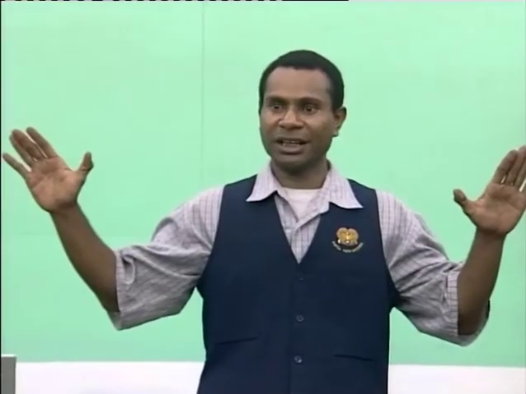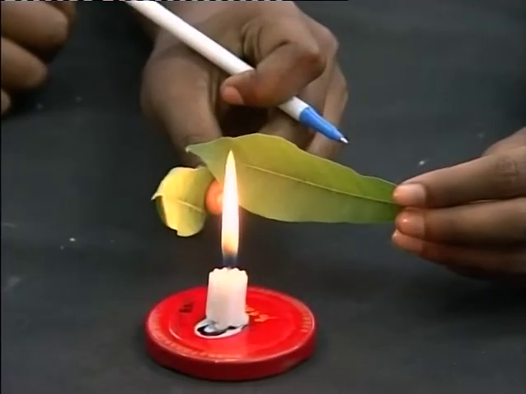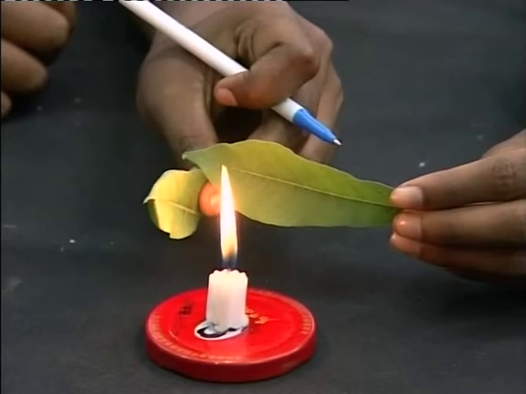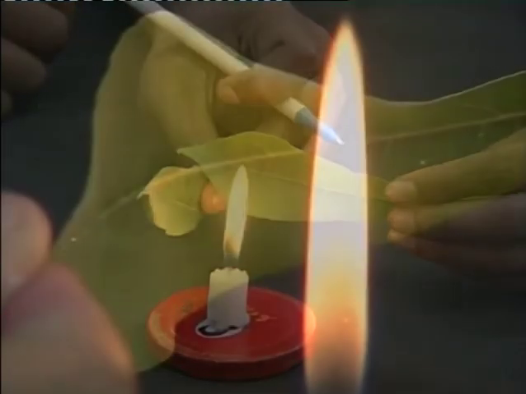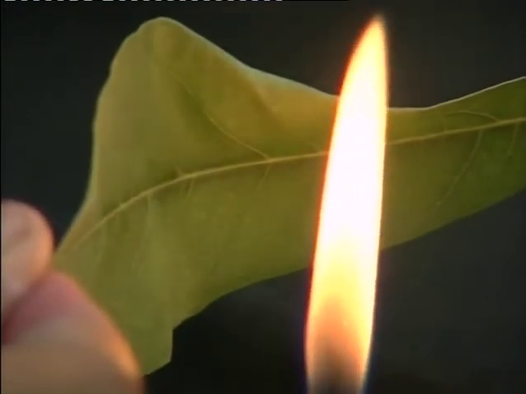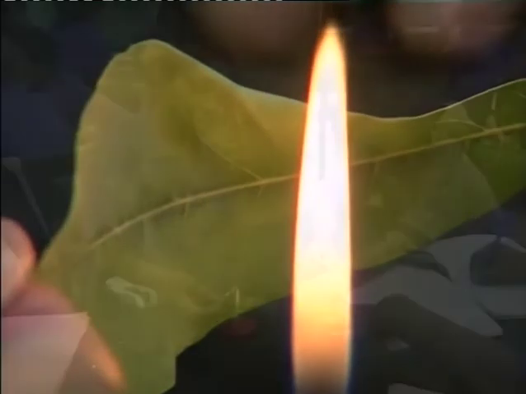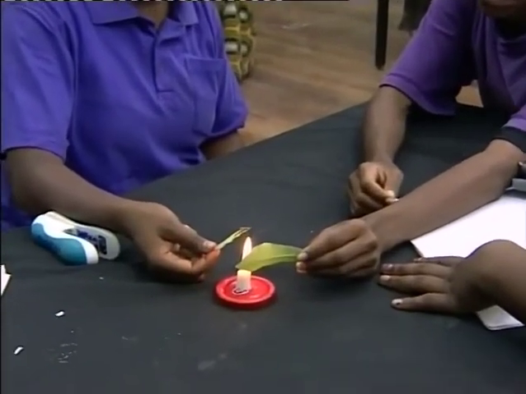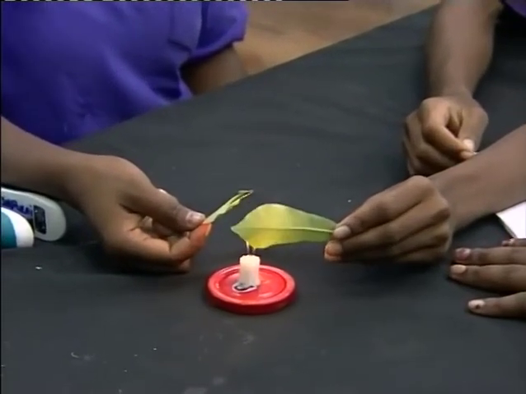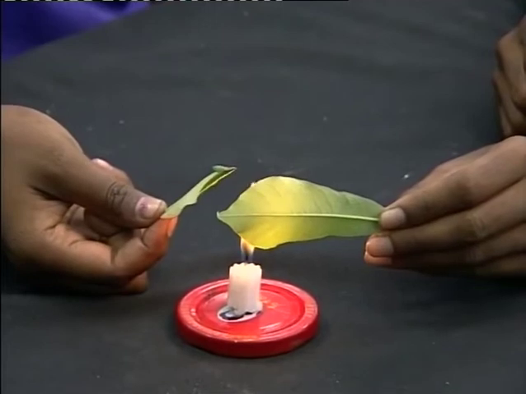So the leaf, you did not put it into the fire, but still the leaf changed its color because of the heat from the candle flame. Begley will help Michaelin to explain. The heat from the candle.